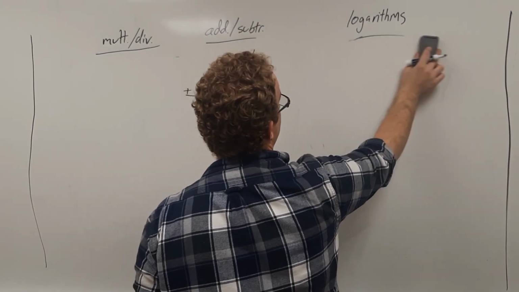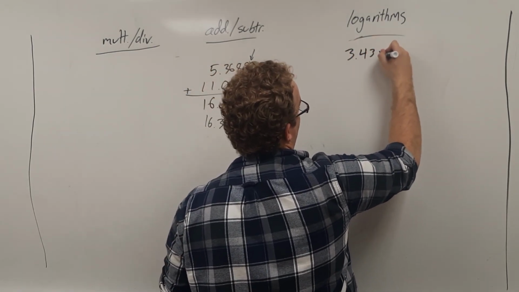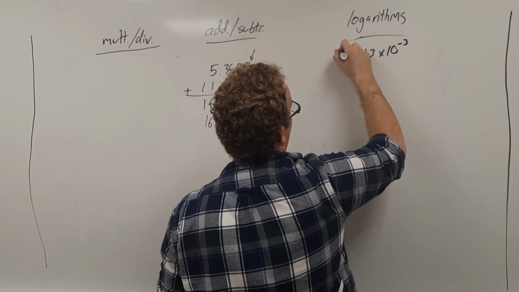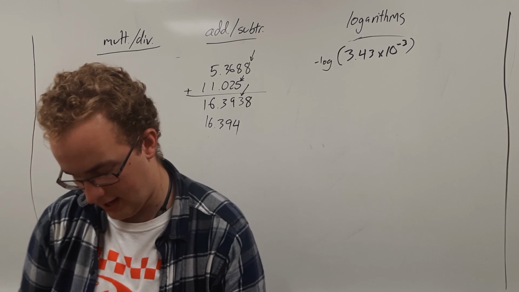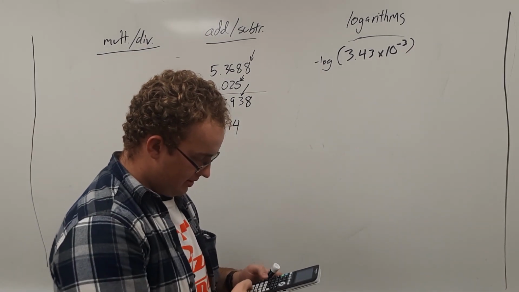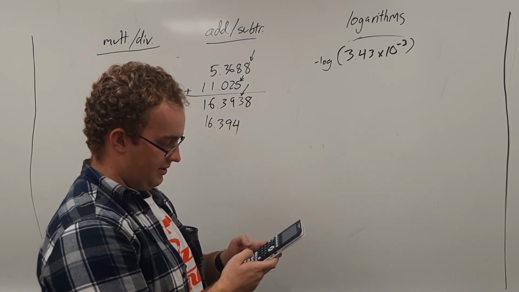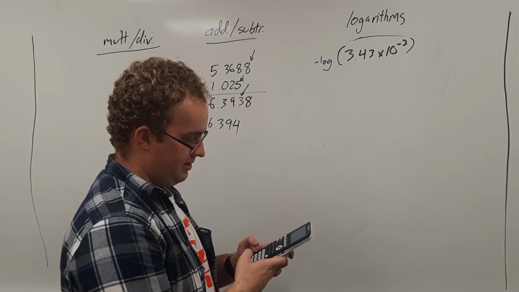So let's do some examples super fast. Let's say we took the negative logarithm of this number. I'm going to plug that into my calculator so I can give you actual numbers that you can test with. The negative logarithm of 3.43 times 10 to the negative 3.